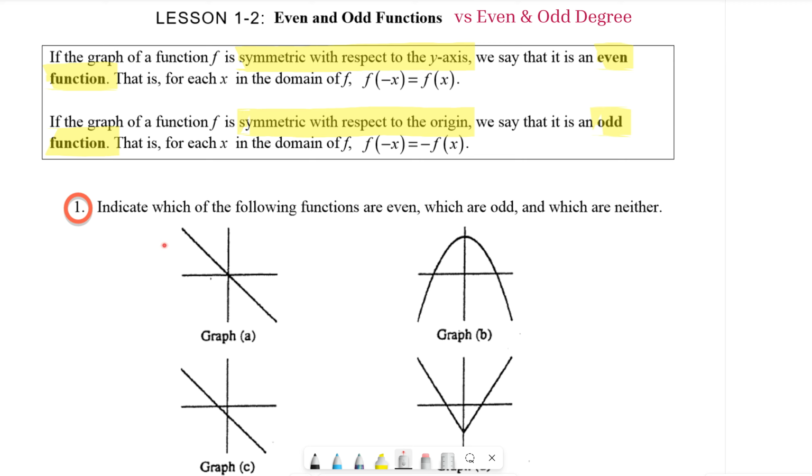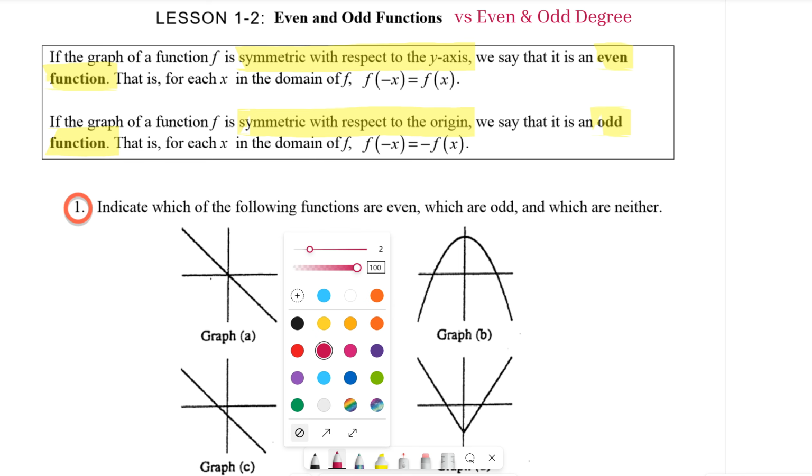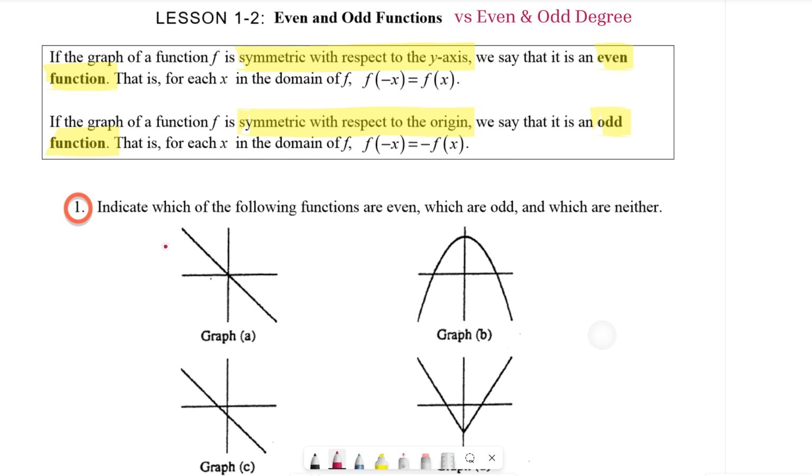Take a moment to make a note of which ones you think are even functions. If you chose graphs B and D to be the even functions, you are correct. Why? Because they are symmetrical about the y-axis.